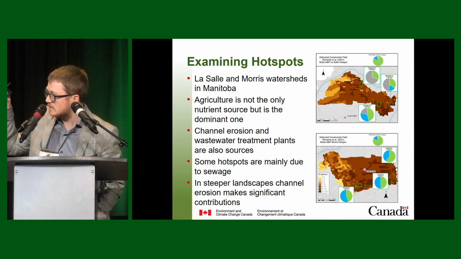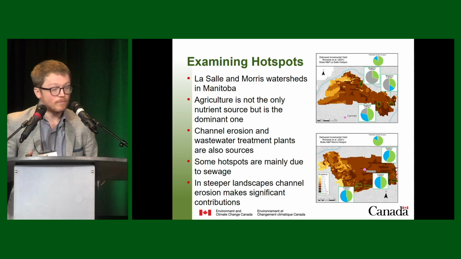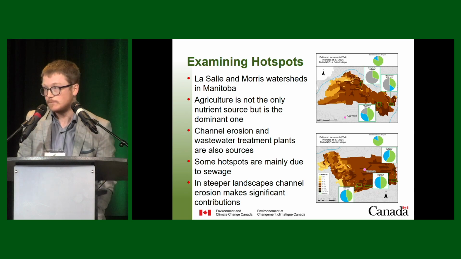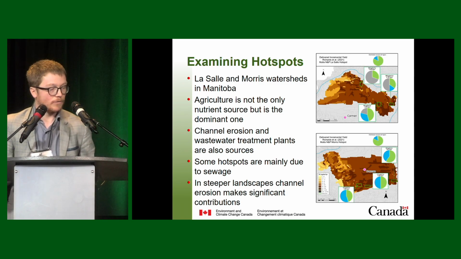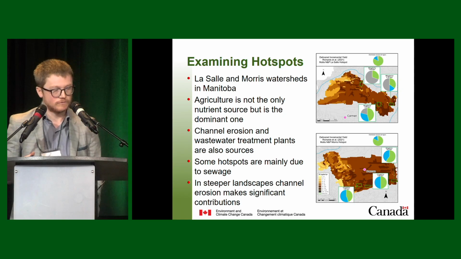Within this, we're able to zoom in and examine hotspots, or smaller portions of the Lake Winnipeg watershed. Two examples highlighted on the screen are the LaSalle and Morris watersheds, on the top and bottom figures respectively.